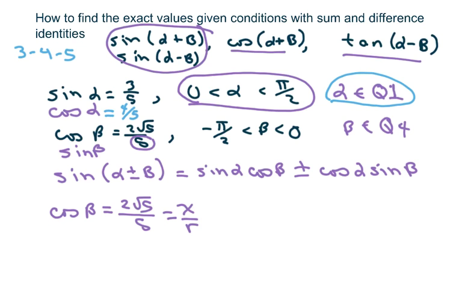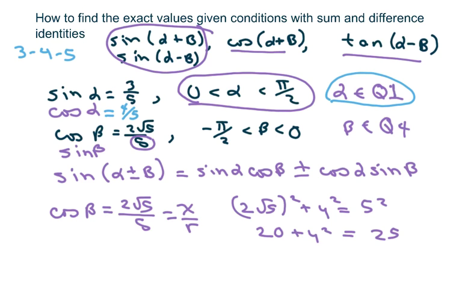So we're going to get 2 square root of 5 squared plus y squared equals 5 squared. So 25 equals, this is going to be 4 times 5 is 20. So y squared equals 5.